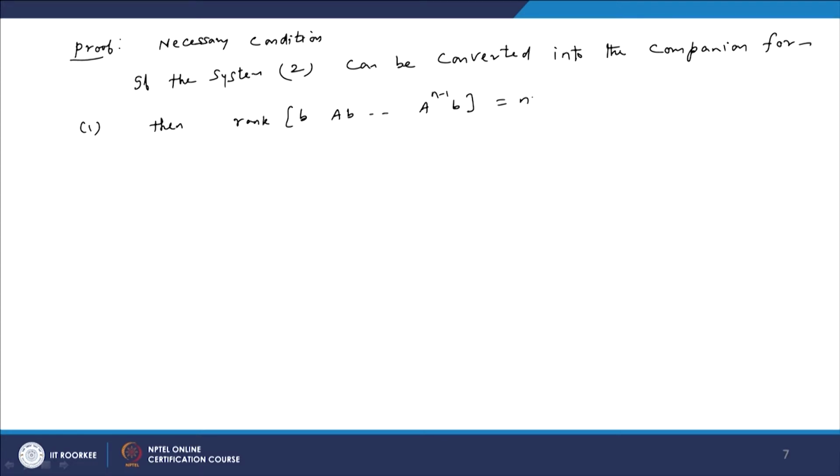So, it means if it can be converted into companion form, then the system is controllable.